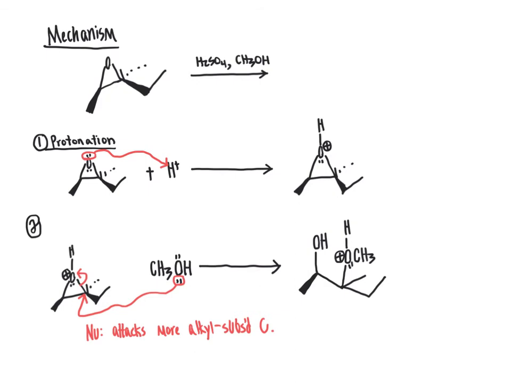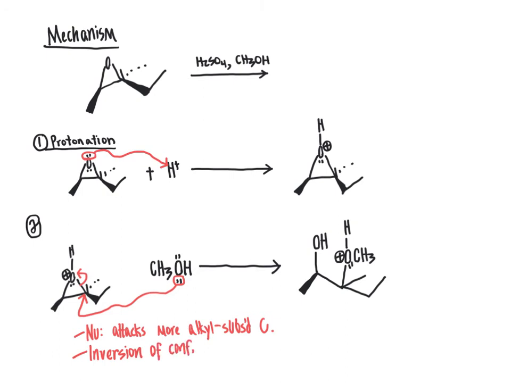So we can think of this as behaving sort of like a hybrid between SN1 and SN2, where it takes on some of the characteristics of SN1, that is that the nucleophile comes in and attacks at the more alkyl substituted carbon, much like if there were a carbocation forming. But on the other hand, the other observation that can be made is like SN2, there is an inversion of configuration when that attack occurs.